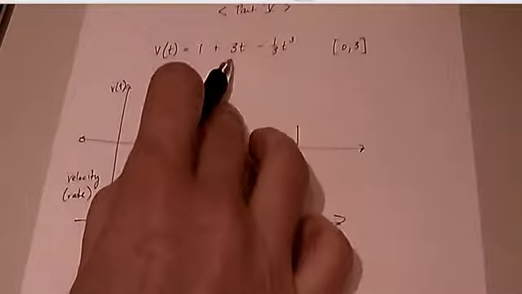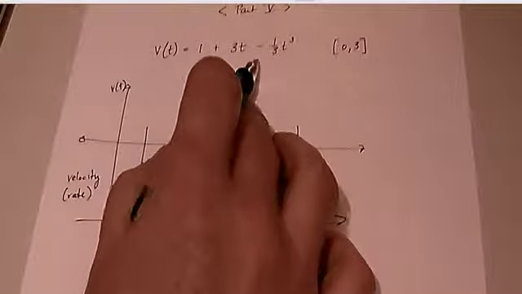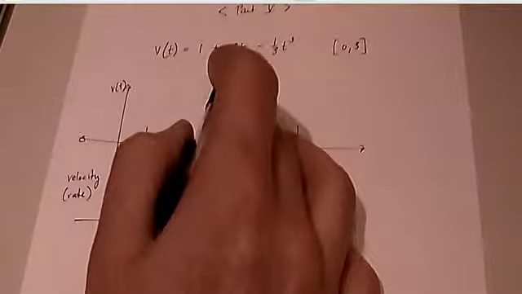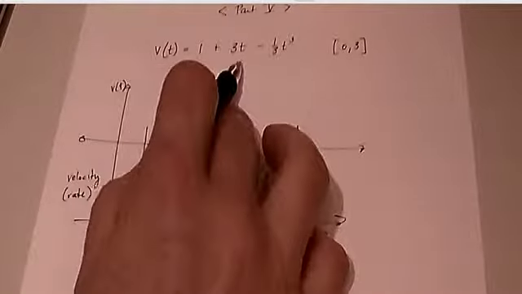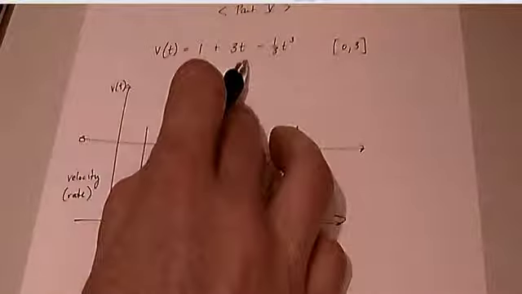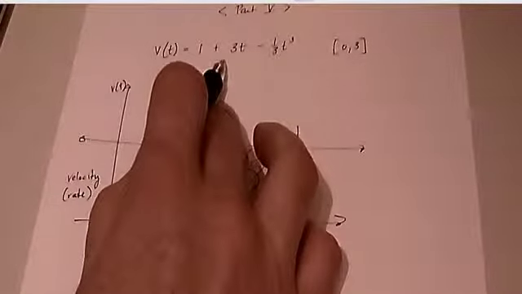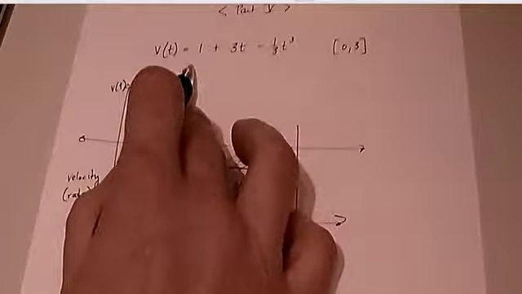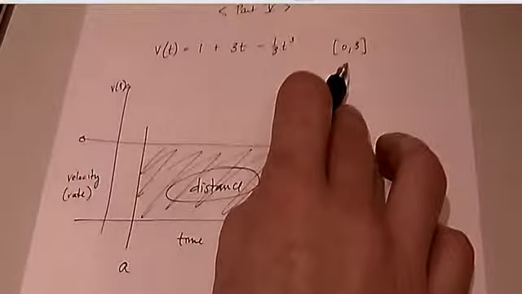So if I were to take this velocity function and I were to actually find the area under the curve, and up to this point we've been doing it by Riemann sums and then finding our s of n and taking the limit as n goes to infinity. If that's the case, then integration or anti-differentiation or finding the area under the curve of a velocity function will give you the distance traveled on that particular interval.